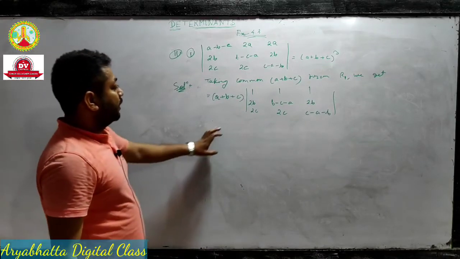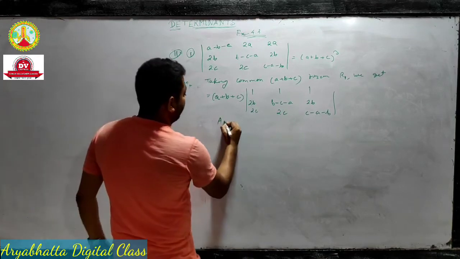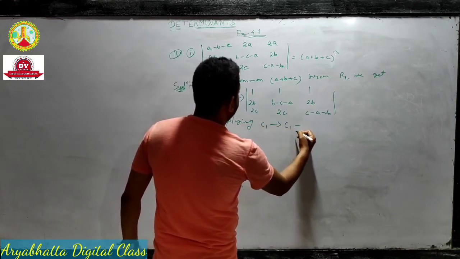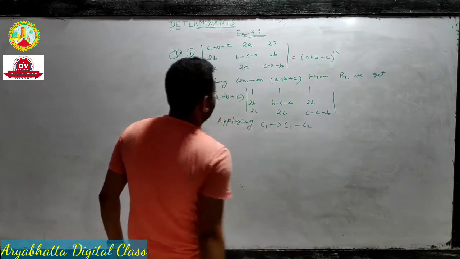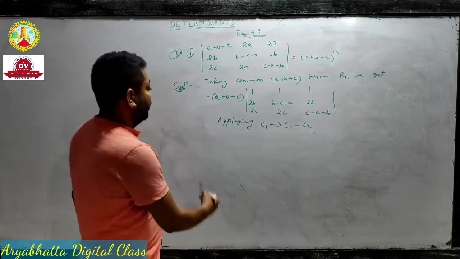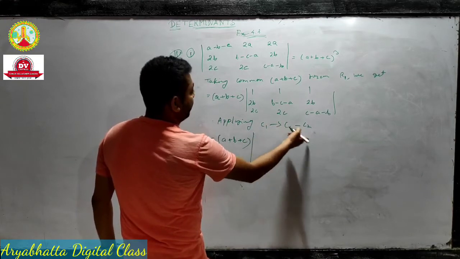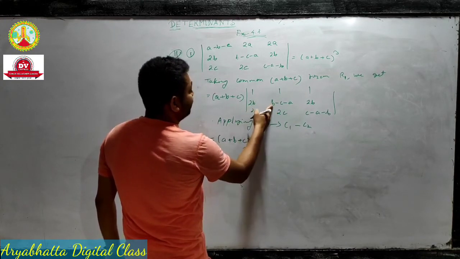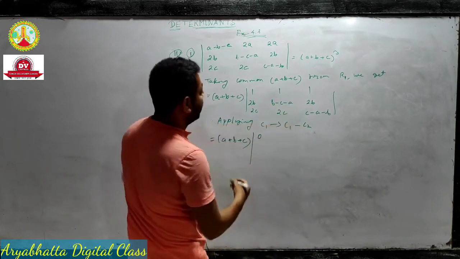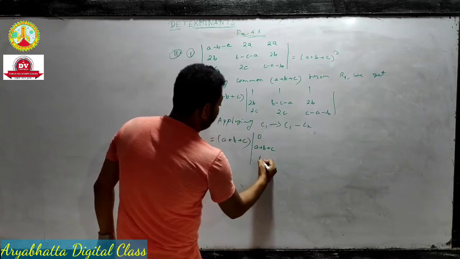Now, applying C1 → C1 − C2, the first column minus the second column. This equals (a + b + c) into the determinant with first column 1 − 1 = 0, 2b − (b − c − a), which is a + b + c, and 2c − 2c, which equals 0.